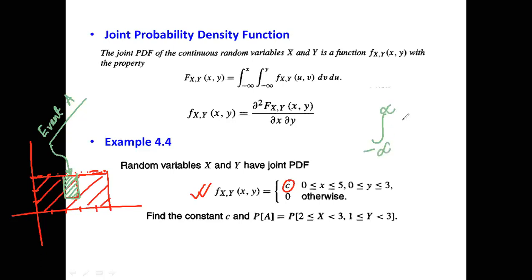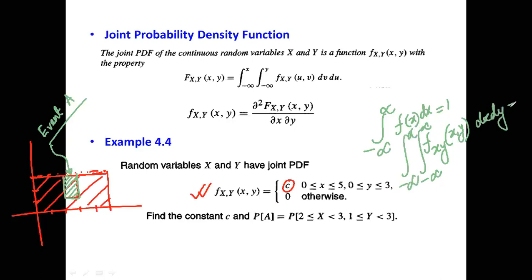If I integrate a probability, that will be equal to 1. We know that. If it is a joint probability, then we need to double integrate that. One will also be equal to 1, isn't it?